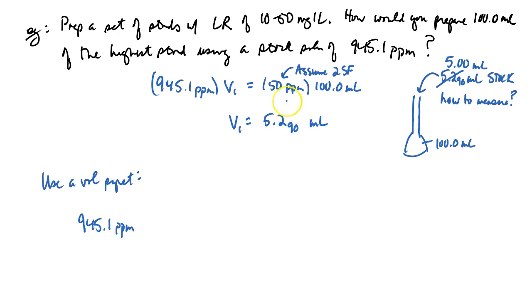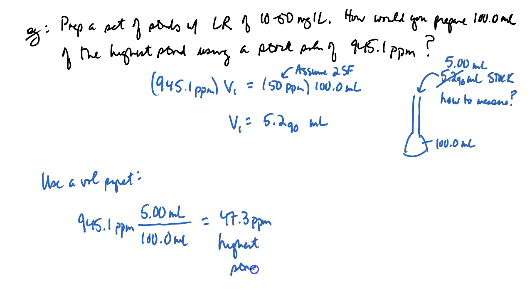And we haven't taken 5.29. We've only taken 5.00 milliliters diluted to a total volume of 100 milliliters, giving us 47.3 ppm as the concentration of our highest standard. And that's what needs to appear in our calibration curve.